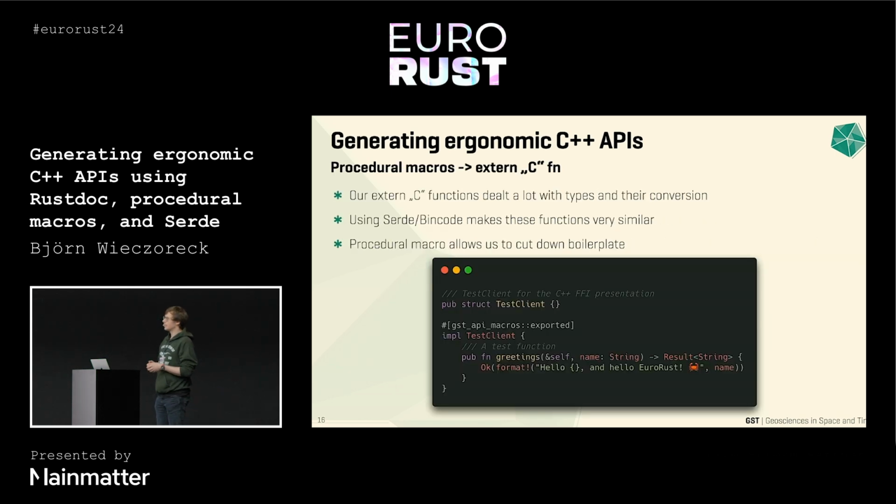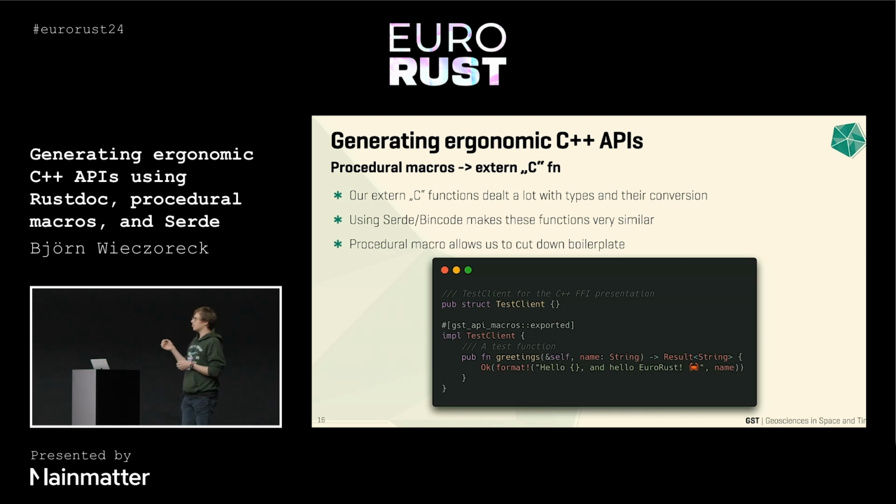So let's look at the first step, how we use procedural macros. I've put together a simple example here where we have a test client which has an function on it that we want to call on the API, called greetings. It just takes a string, formats it, and returns a result string. That's relatively straightforward.